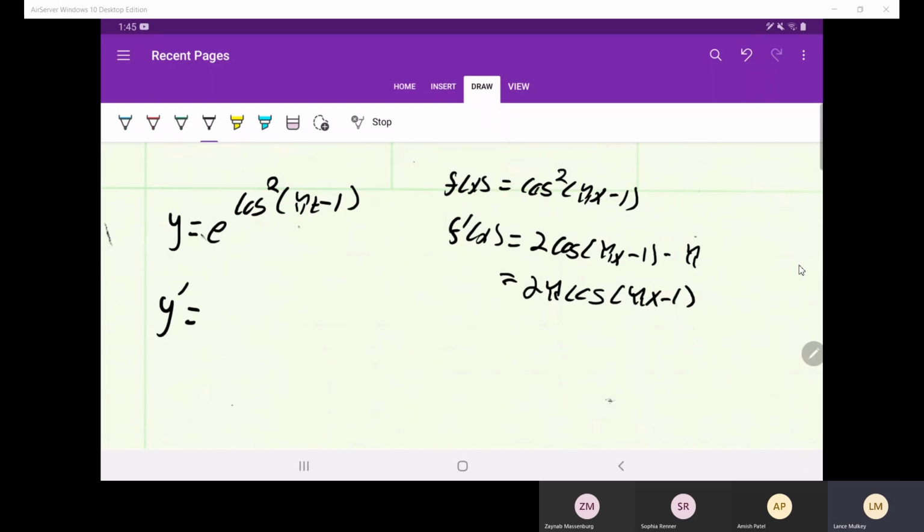So all you do is you just plug this in front of it and keep everything the same for e. And that's it. Any questions on that one?